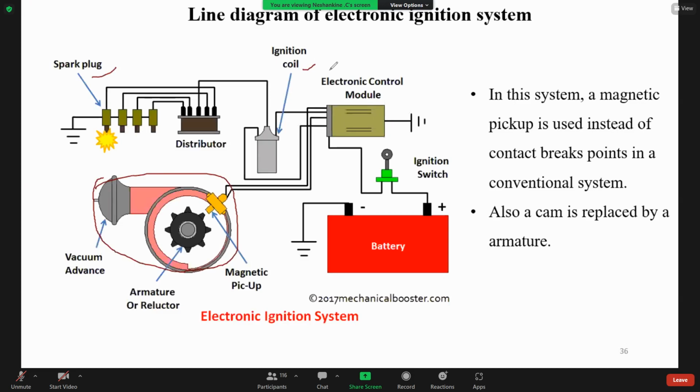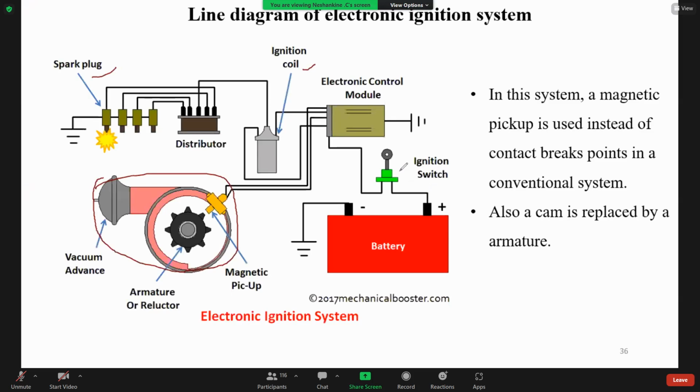Then additionally here we have the electronic control module, which is fully controlled electronically. Then this one is the ignition switch, this one is the battery. Here this one is the magnetic pickup. Okay, I will tell you what happens here.